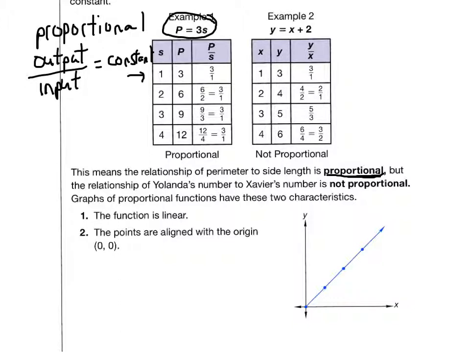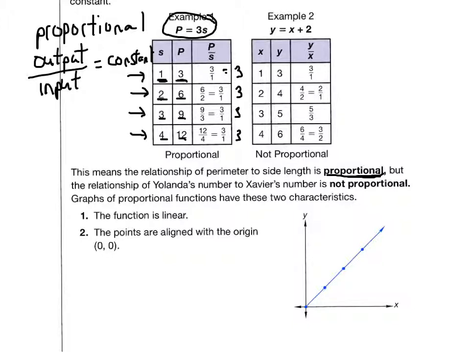So if I take the P, whatever the P is, and divide it by whatever the S was, that's the output divided by the input, I get 3 over 1 here, and so I get 3. 3 divided by 1 is 3. Here, if I take the perimeter, divide it by the S, the side, 6 divided by 2, I get 3 again. Here, if I get 9 divided by the 3, I get 3 again. And then the last one, of course, I'll also get 3.